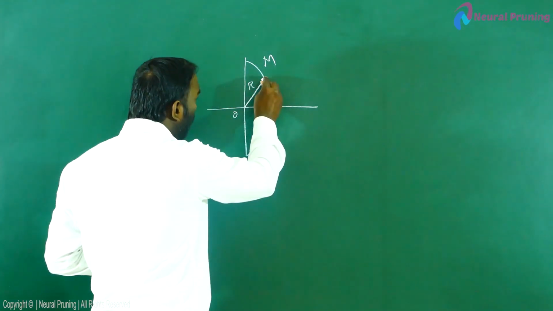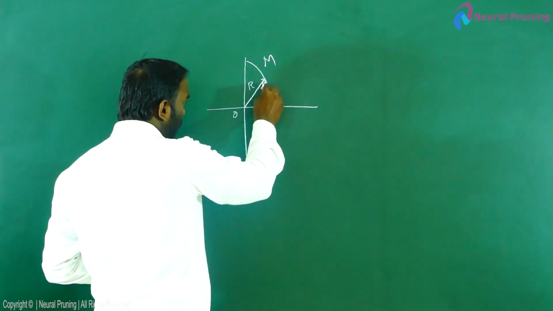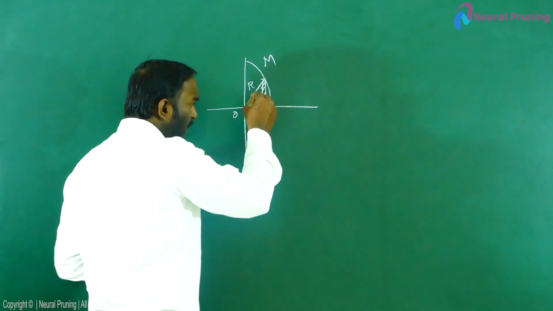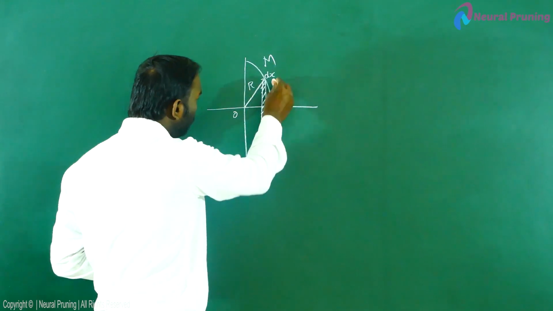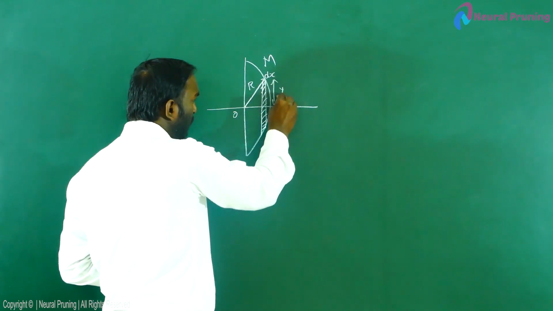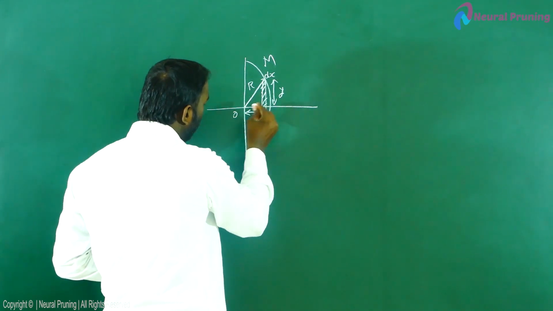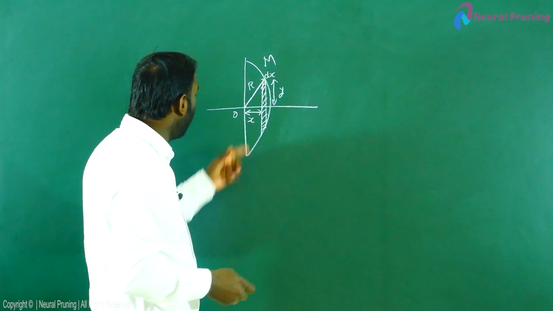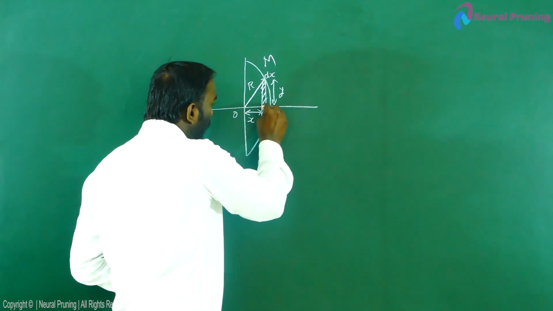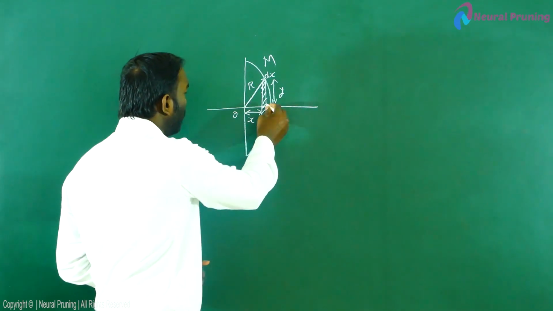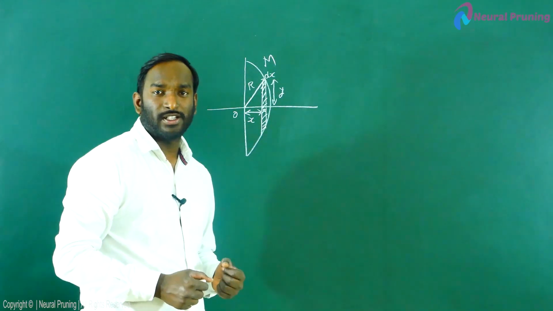So what I will do, I'll consider a small elementary disk of thickness dx and radius of the disk is y, and this elementary disk is at a distance of x from O. So I should find the position of the center of mass. Let it be C. How to find the position of the center of mass?